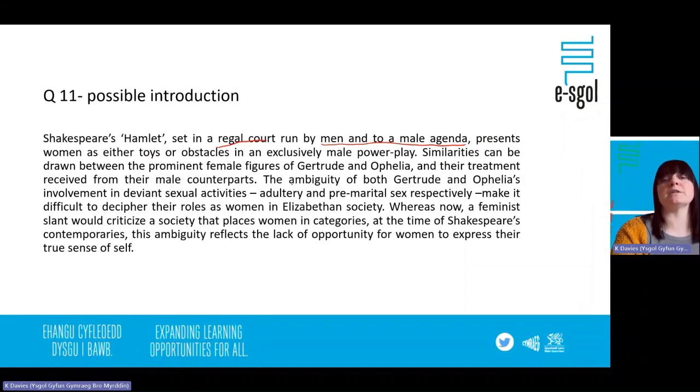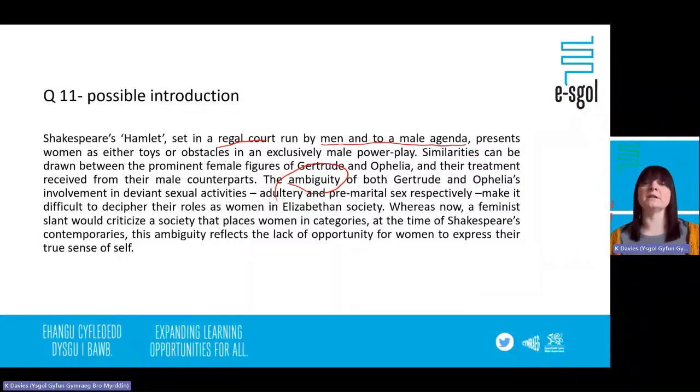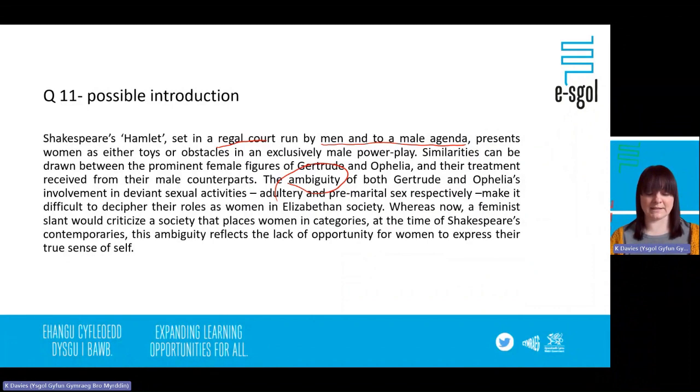And then you've got this use of the word ambiguity, okay? So making it clear that you understand how Shakespeare has presented them. So the ambiguity of both Gertrude and Ophelia's involvement in deviant sexual activities, adultery and premarital sex respectively, make it difficult to decipher their roles as women in Elizabethan society. Whereas now, a feminist slant would criticise a society that places women in categories. At the time of Shakespeare's contemporaries, this ambiguity reflects a lack of opportunity for women to express their true sense of self.